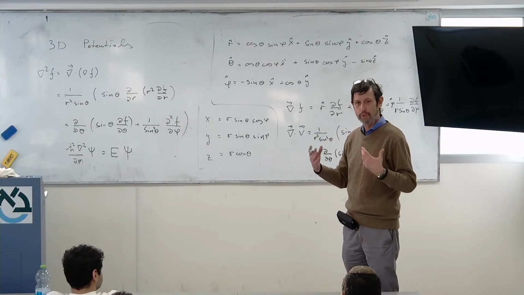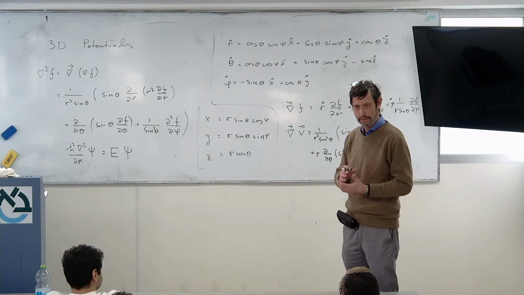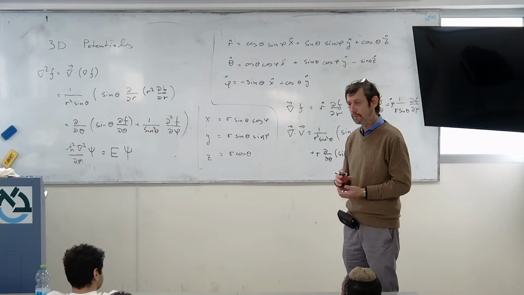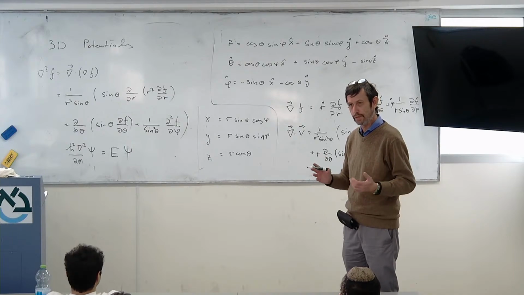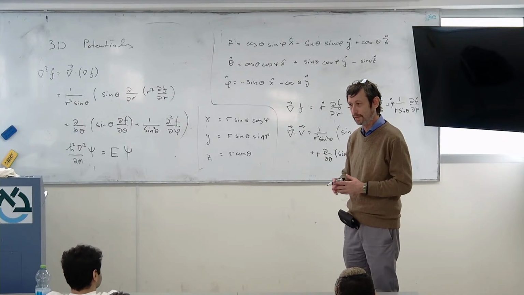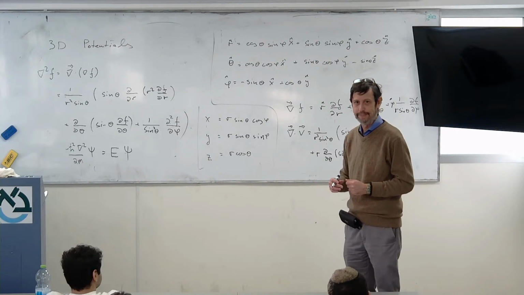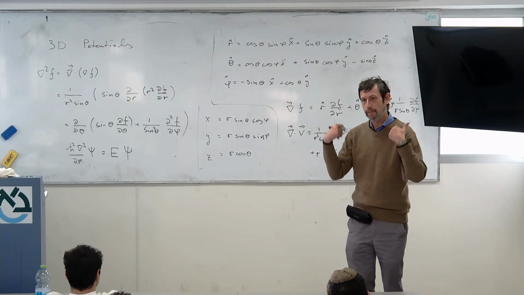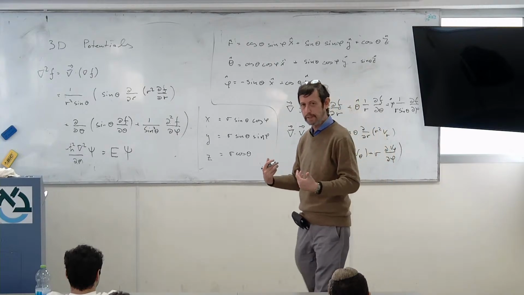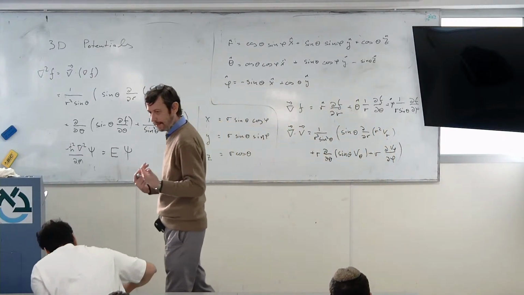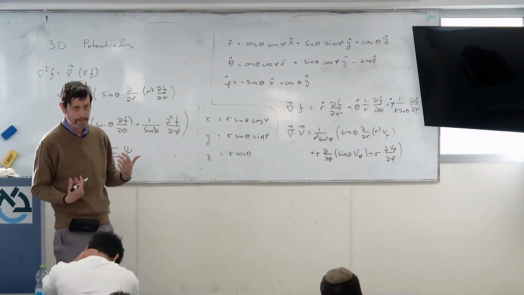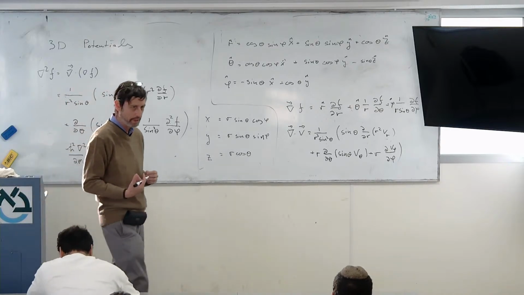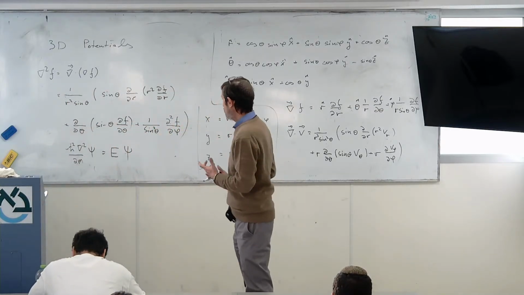Learn all that we need to know about angular momentum, where we will meet another friend that at first sight is not really connected. And then return to specific solutions with a specific central potential like the hydrogen. Okay.